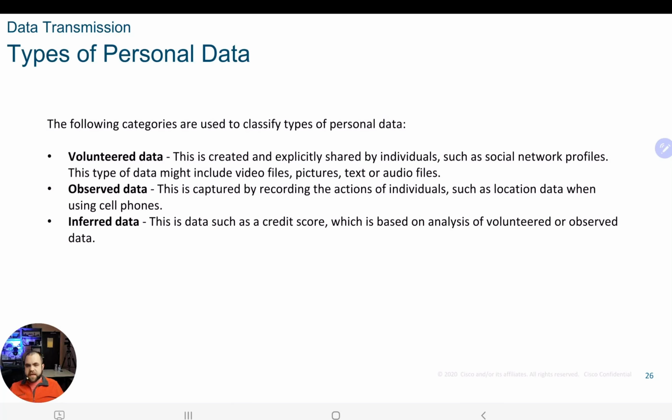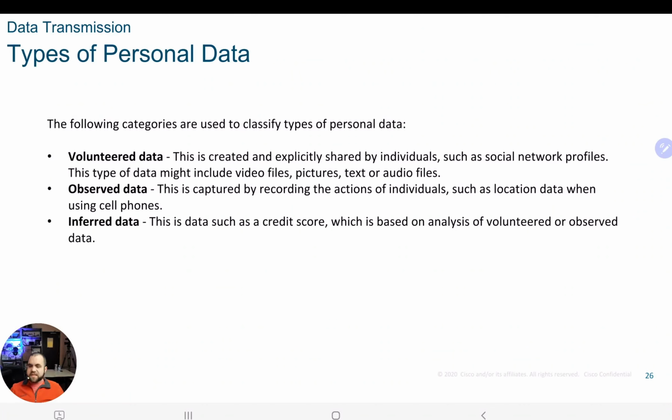When we talk about data, there are three main types when it comes to personal data. There's volunteer data. This is created and shared by individuals. This is stuff that you can find on social network profiles or pictures, stuff like that. Once you get into cybersecurity, you're going to learn a little bit about OSINT, or open source intelligence gathering.